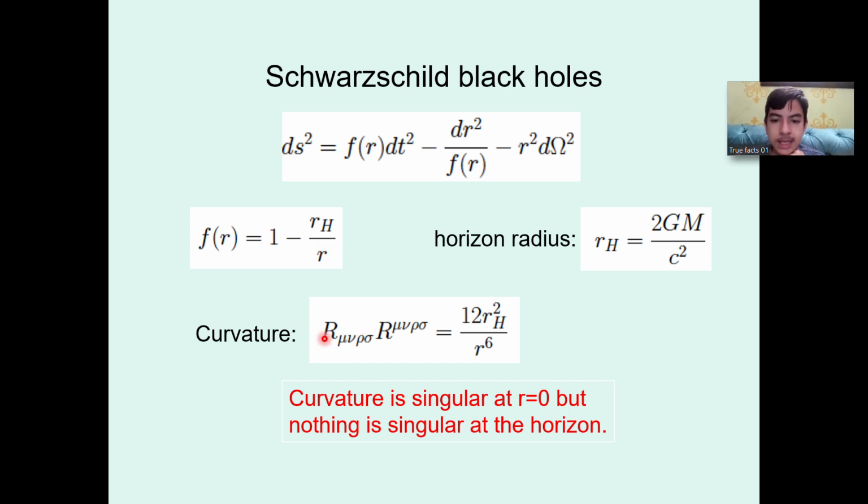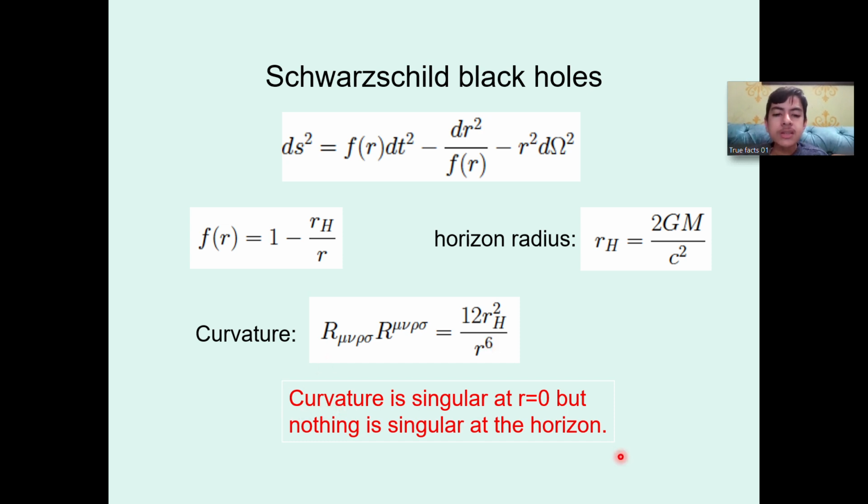The curvature is R_{μνρσ}R^{μνρσ}. According to the Schwarzschild black hole equation, the curvature is equal to 12 r_h squared over r to the power of 6.